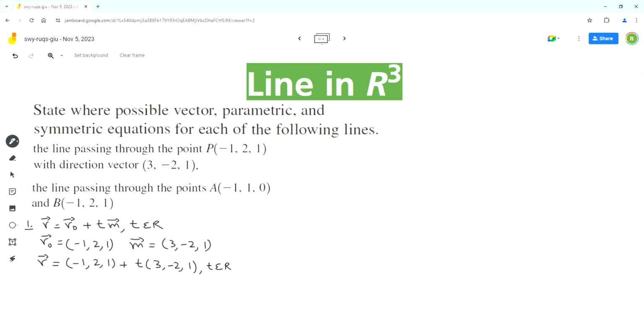Now we can write the equation in parametric form. For that, we'll have to use an unknown point x, y, z for position vector r. Now we can break up this vector equation into the three parametric equations. For the x equation, we'll use the x components of the three vectors.